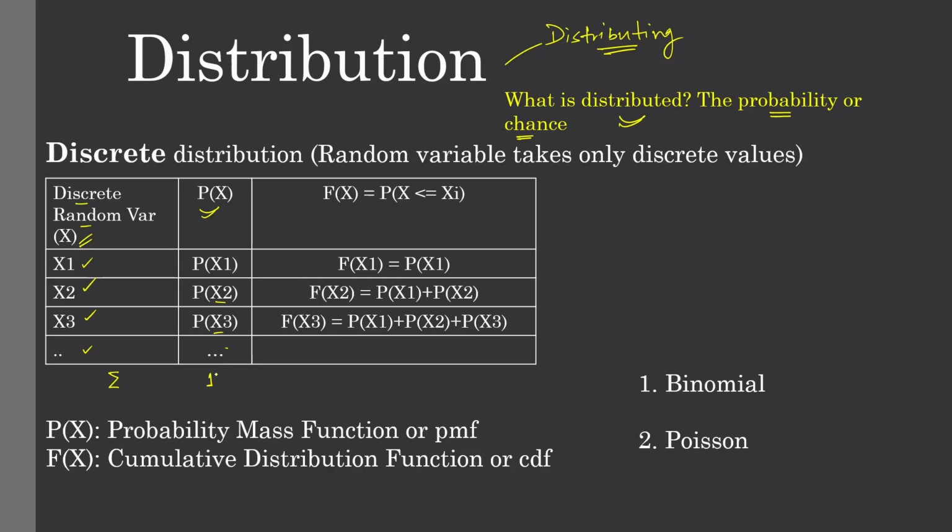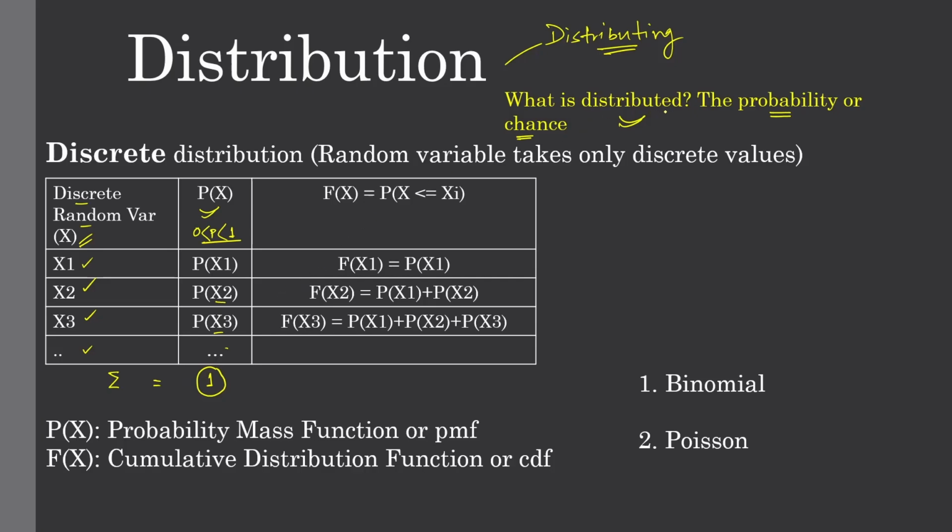The total probability has to be equal to 1. Think about this. The random variable cannot take any value other than x1, x2, x3, and so on. So if you add the probabilities of these events, knowing that the probability will always be between 0 and 1, the summation should always be equal to 1.